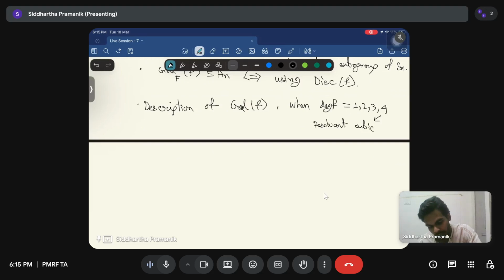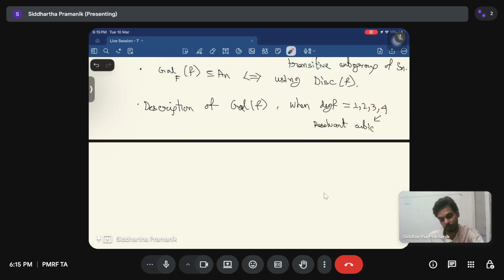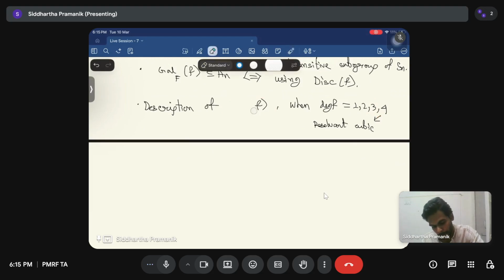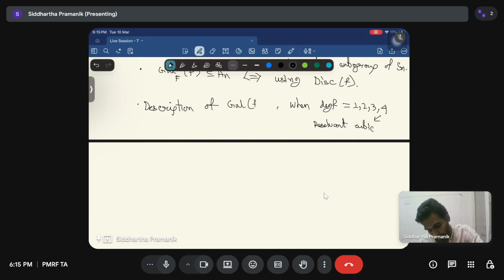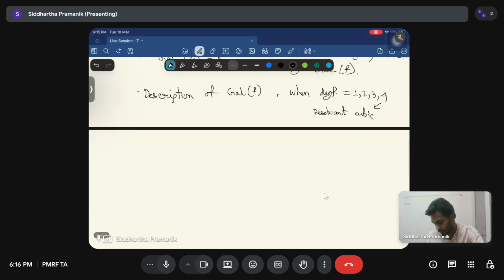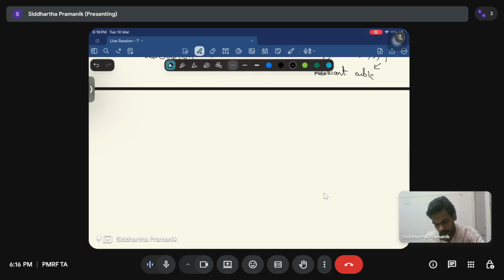Then we have used the characterization for a degree 3 polynomial to give the description of the Galois group of a degree 4 polynomial. Finally, this leads to the fact that if f belongs to F[x], where F is a subfield of C, and the degree of this polynomial is less than or equal to 4, then f is solvable.